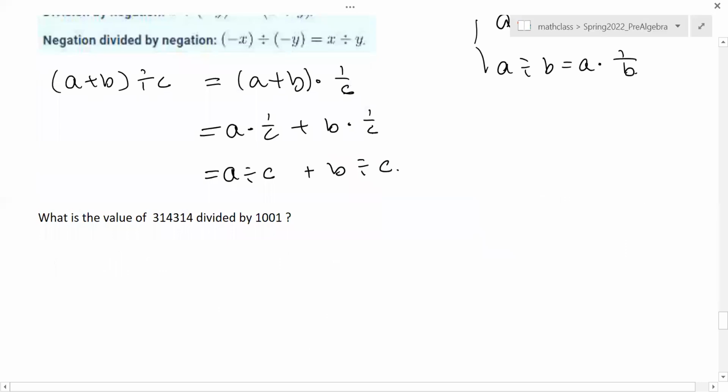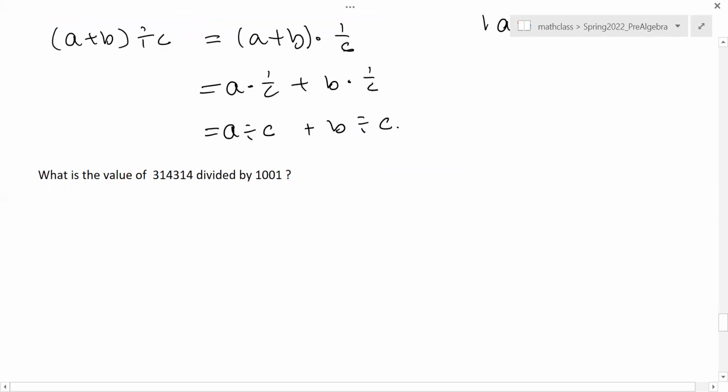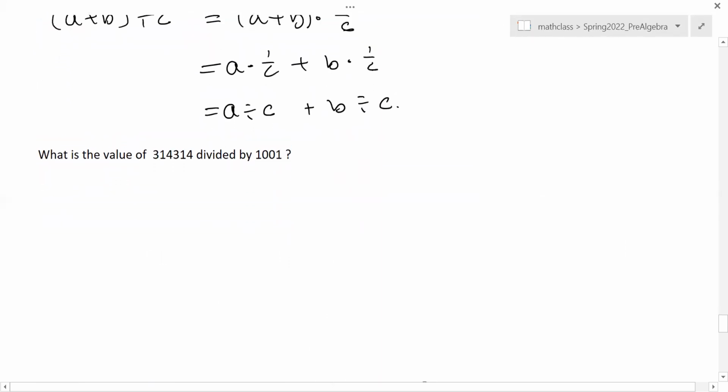Okay, let's take a look at this problem. What is the value of 314314 divided by 1001? Don't use a calculator. You shouldn't use a calculator.